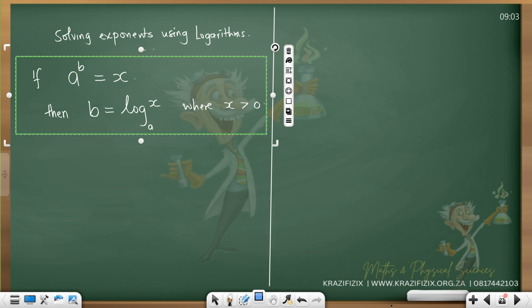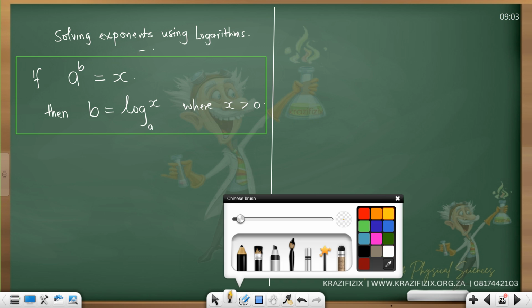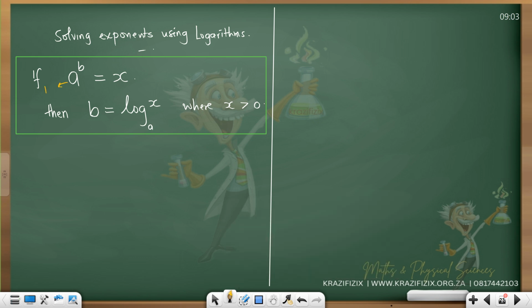We can find the value of B, and this is what I want you to notice. A here is a base. When it comes to log, it will also be a base. So whatever is the base on the exponent side is also the base on the log side.